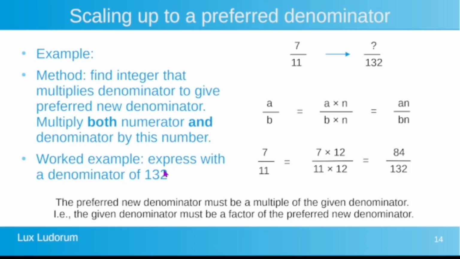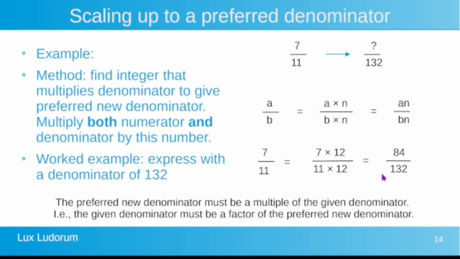An example of this, express 7 over 11 with a denominator of 132. So there's what we start with, 7 over 11, and what converts 11 into 132 is multiplying it by 12. So we've got to multiply the top and bottom by 12. 7 12s are 84, 11 12s are 132.